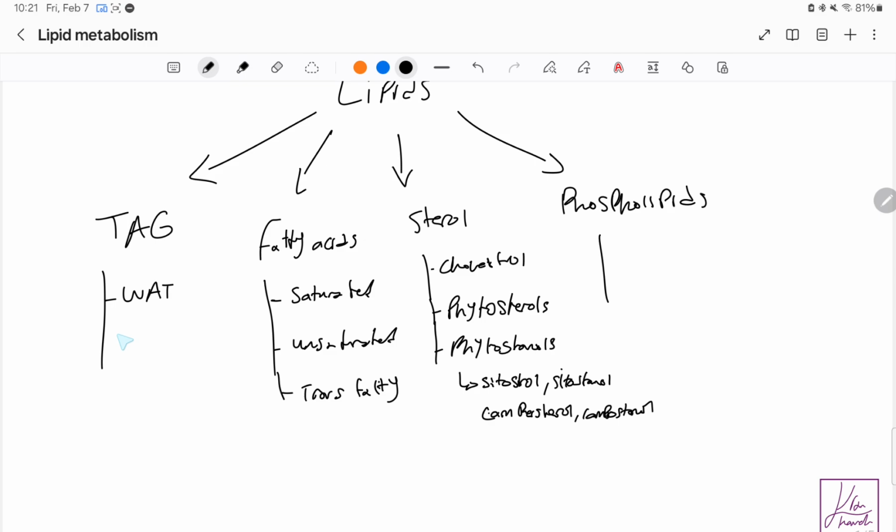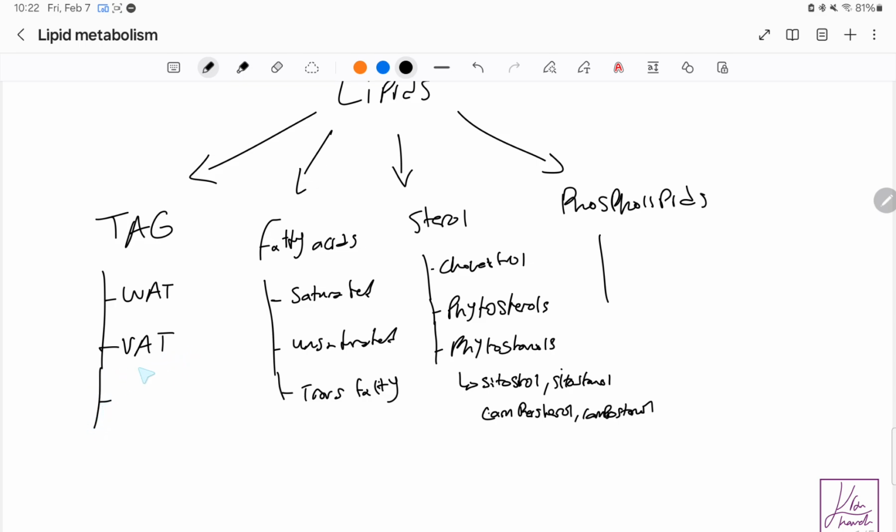The main way you store energy in your body is through fat, and you convert it into triacylglycerols. They can also be found in your visceral adipose tissue, where they serve as mechanical support for your internal organs, kind of like padding.